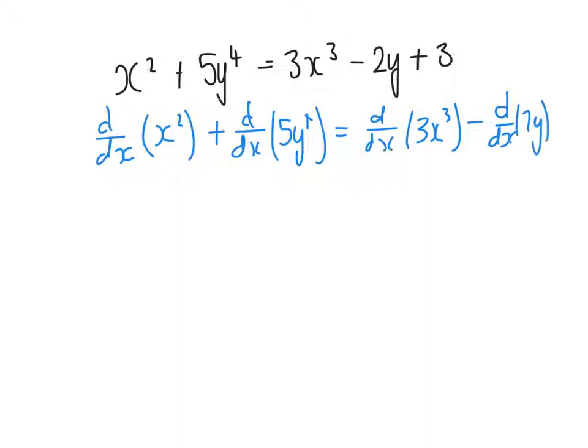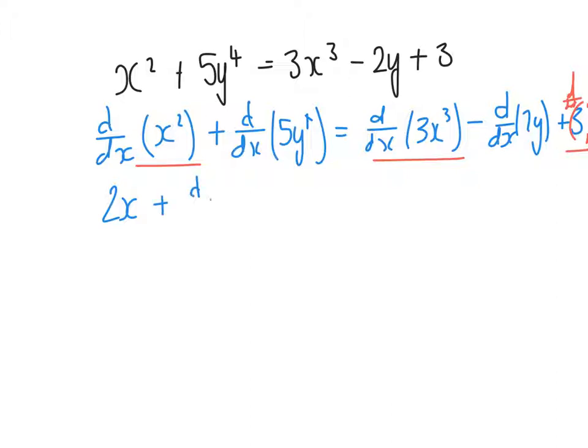terms of y. Now, some of these terms, the ones that are in x, so this x squared term, the 3x cubed, and also the 3, which should have a d by dx around it, can be differentiated normally. Those are absolutely fine. So we're left with currently 2x from our x squared differentiated.